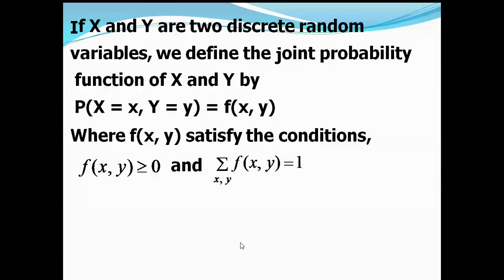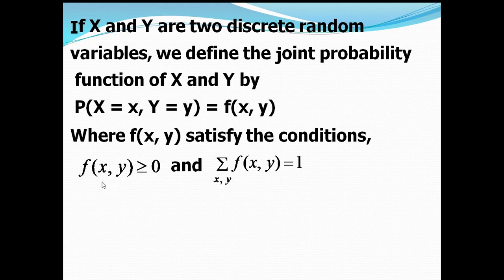If X and Y are two discrete random variables, as I said, it is defined for two random variables. Capital X and capital Y are two discrete random variables. We define the joint probability function of X and Y, where P represents probability, P of capital X equal to x, capital Y equal to y, is equal to f of x, y, where f of x, y satisfies two conditions.